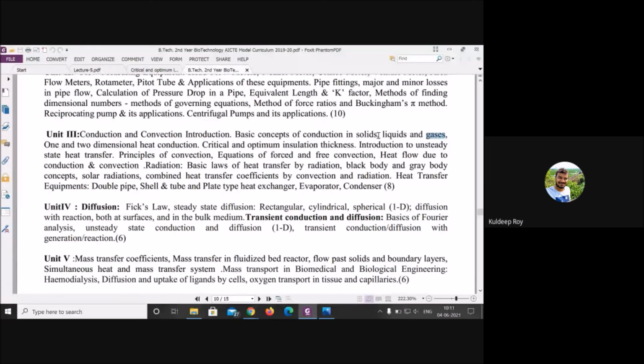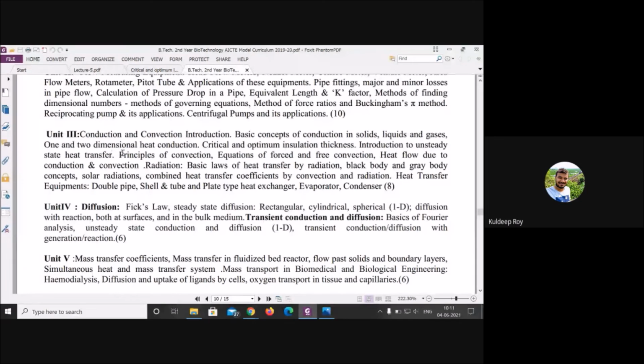In solids, there is the lattice vibration as well. One and two dimensional heat conduction, already discussed. Critical and optimum insulation thickness, we discussed recently. Introduction of unsteady state heat transfer. Unsteady state heat transfer means Biot number. Yesterday we talked thoroughly about how the resistance comes.